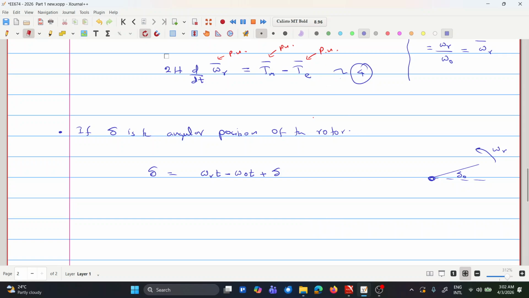So let's do this, the d delta over dt, that would be equal to omega r, which is also changing.